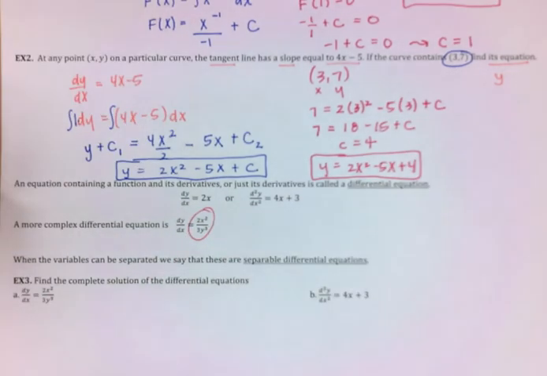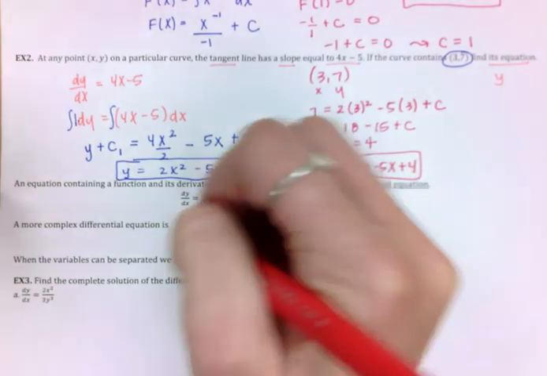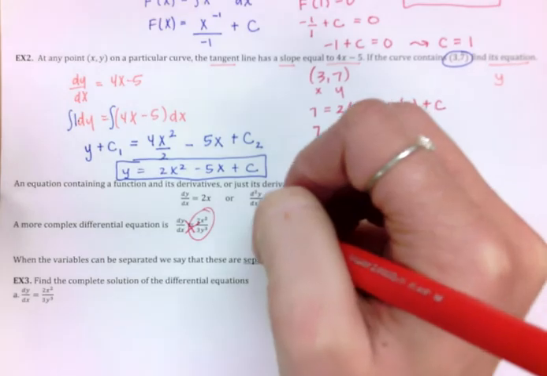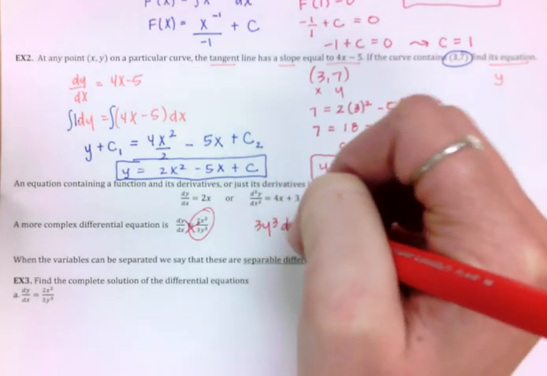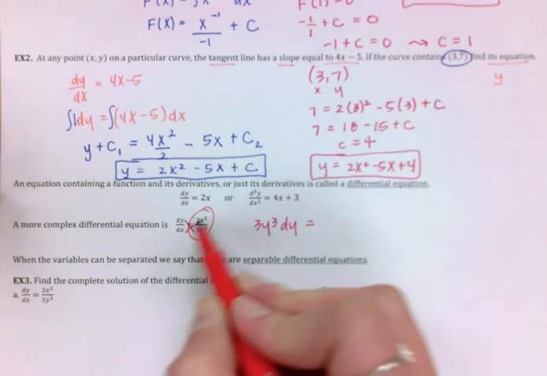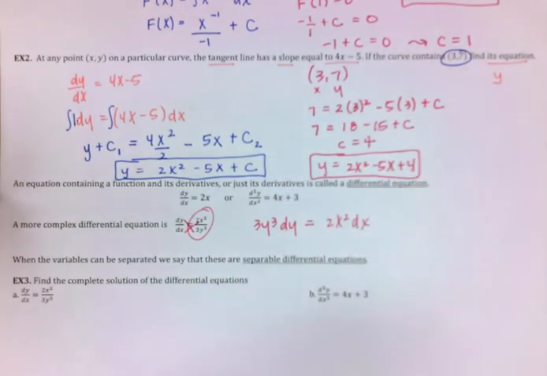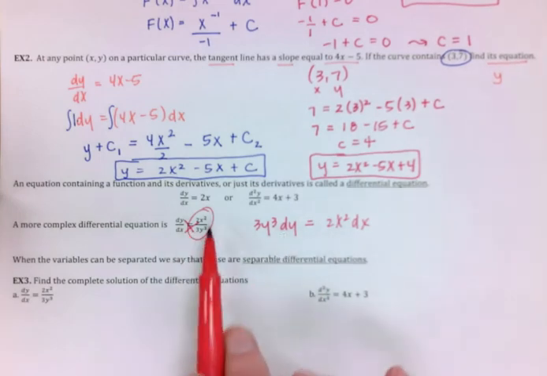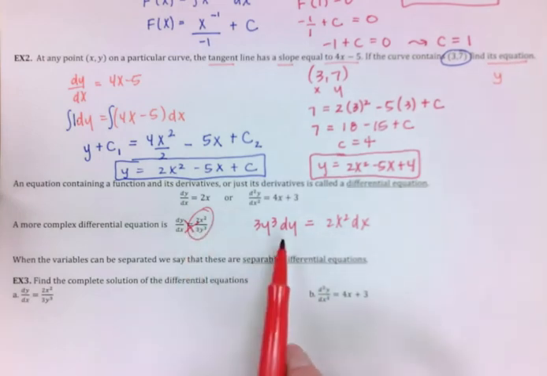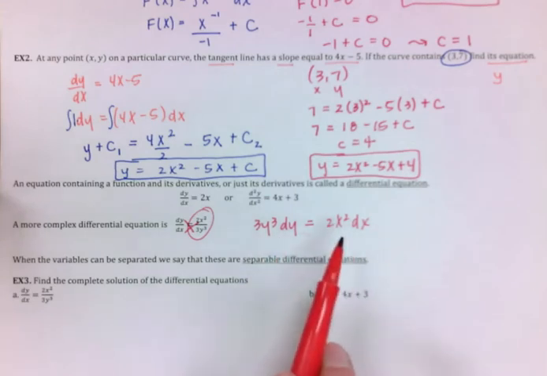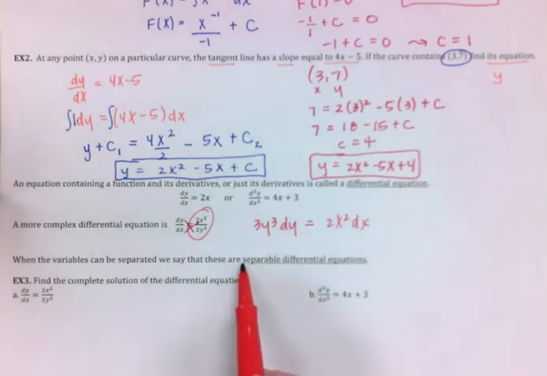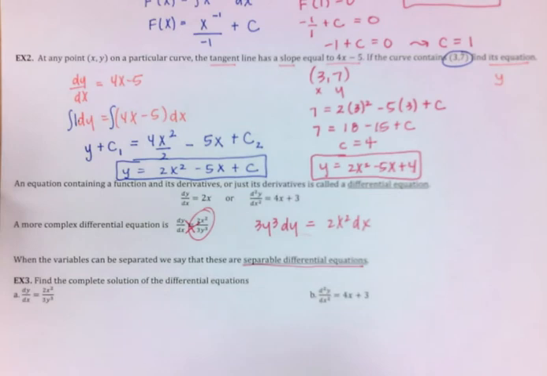So in this example, you would cross multiply. So if you cross multiply like that, you get 3y cubed dy is equal to 2x squared dx. And if you're able to do that, if you have some mess like this, and you're able to separate those variables where the y's can be with y's and the x's can be with x's, that is called a separable differential equation.